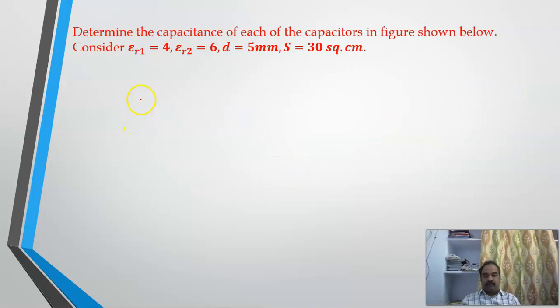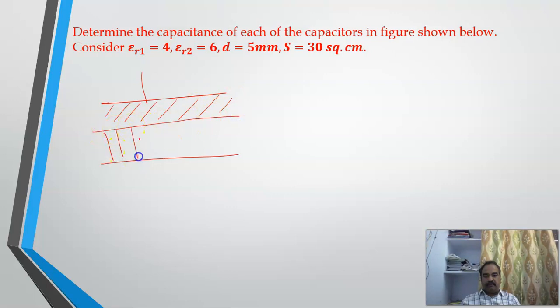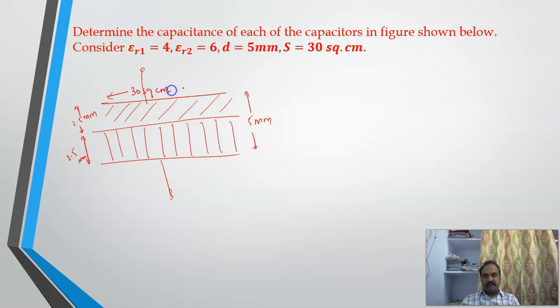Now, first of all, let us take this particular configuration. This is medium number 1 and this is medium number 2. The total separation is 5 mm, which is equally divided into 2.5 and 2.5, and the area of cross section is 30 square centimeters.